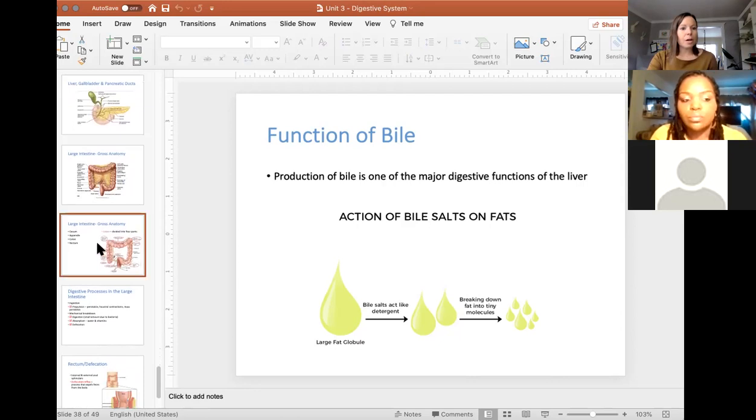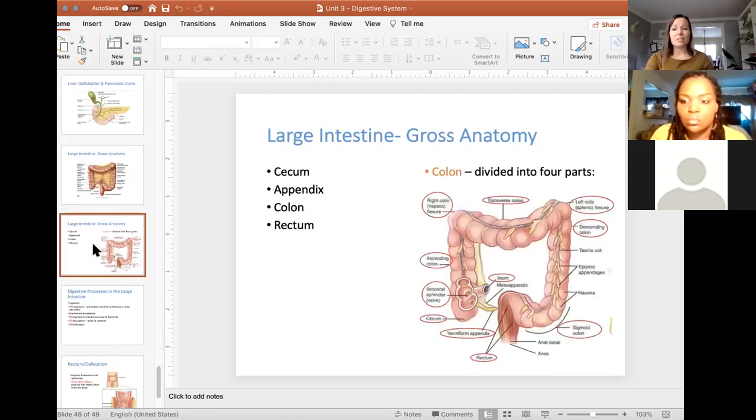And then for the large intestine, this is the last component of the digestive tract. Here's the large intestine all by itself. It has all those different parts that I mentioned when we were going through the components of the digestive tract: the ascending colon, the transverse colon, descending colon.